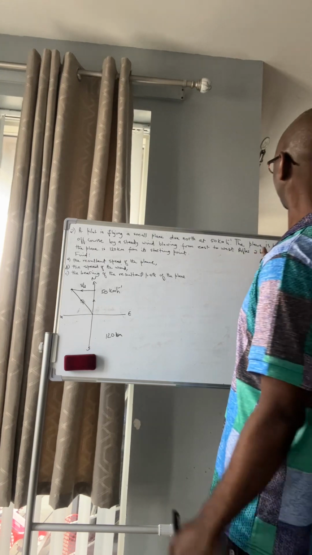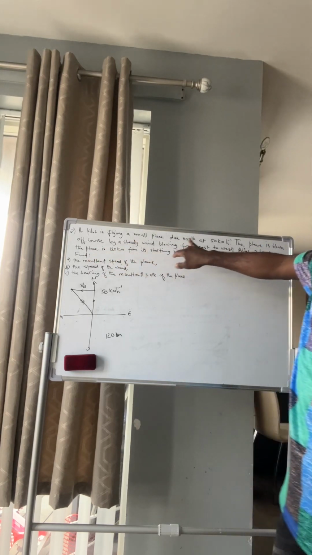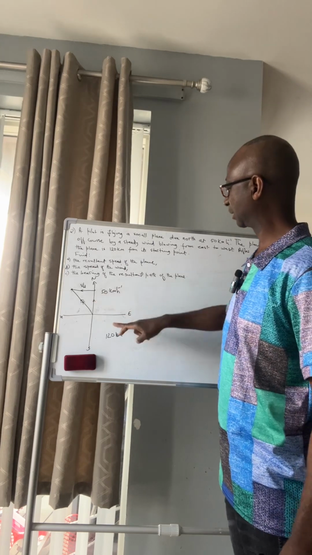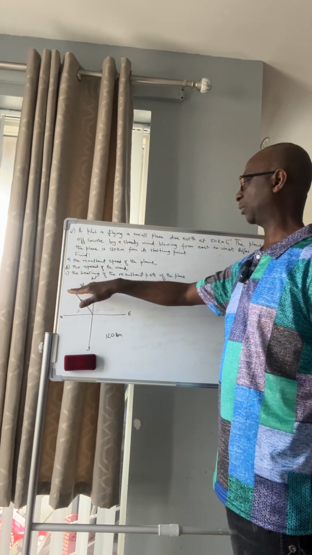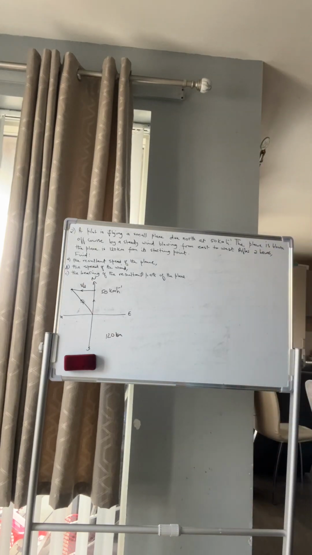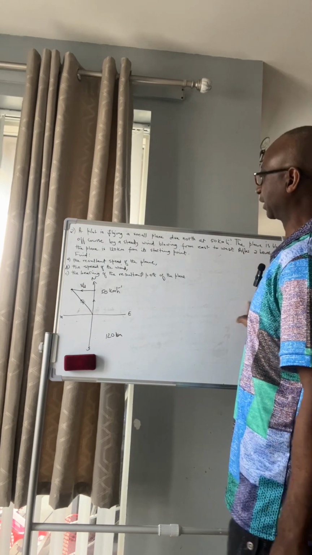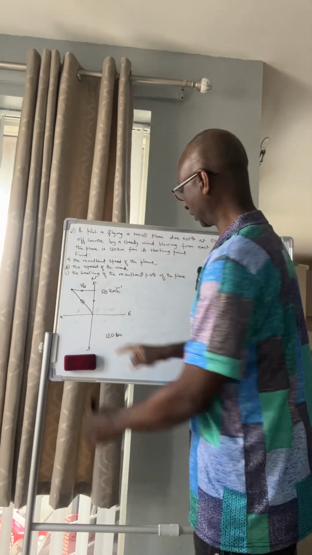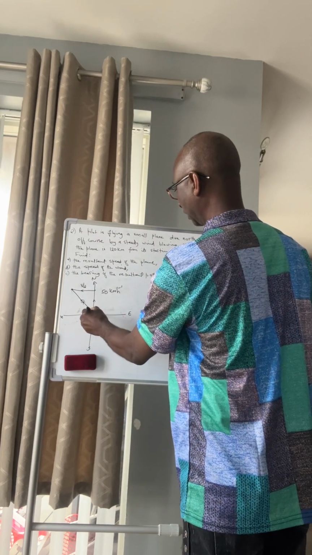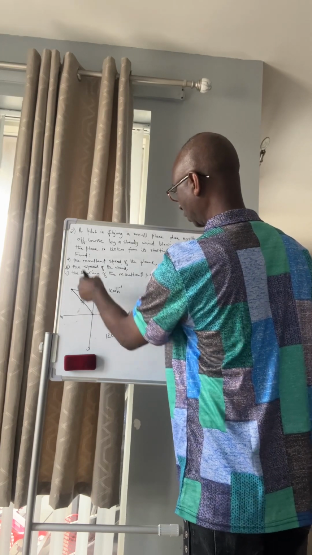Because we are told that it's blown off course by a steady wind blowing from the east side to west. So that's the velocity of the wind. And then they say after 2 hours, the plane is 120 kilometers from its starting point. This was its starting point, mind you. Starting point here goes north.